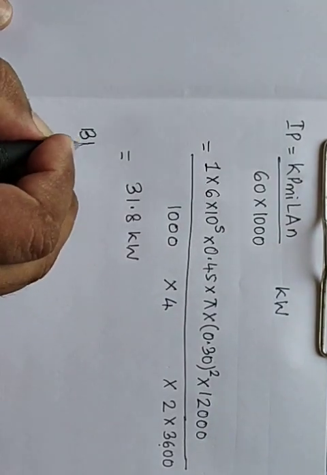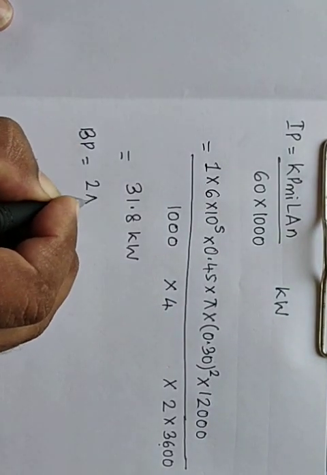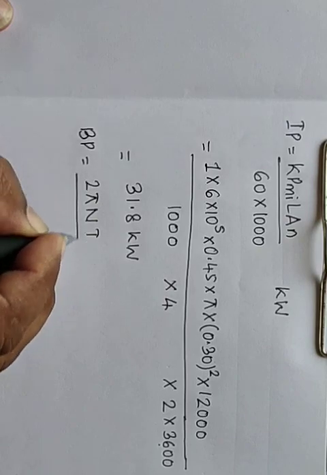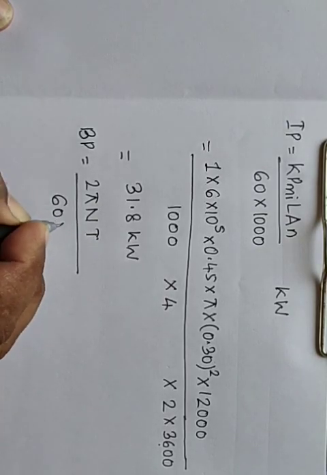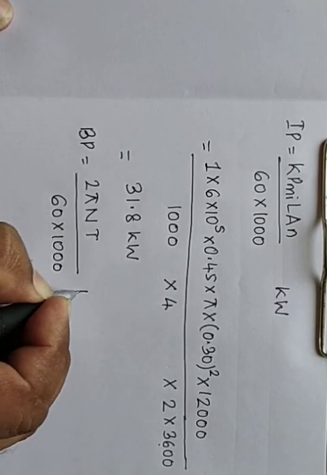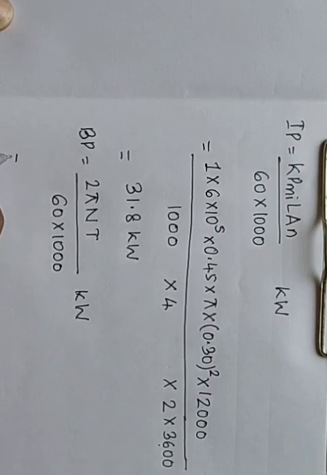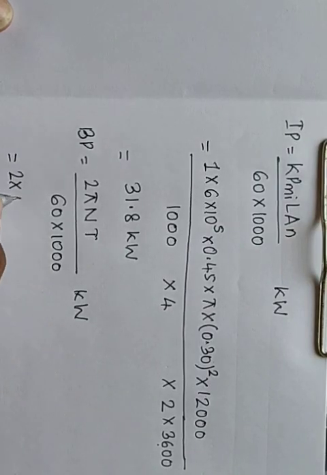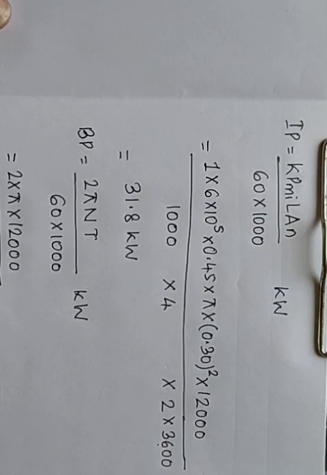So BP will be equal to 2 pi NT divided by 60 into 1000. Unit is same, again kilowatt. So I will substitute 2 into pi into RPM is given, that is 12,000 divided by 60, and again 60 in the denominator, that is initially I am converting per minute, and from per minute again into per second.